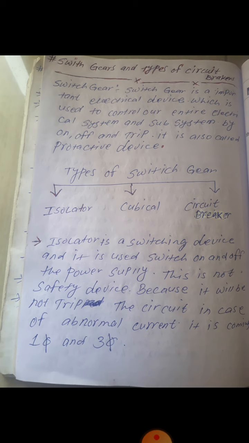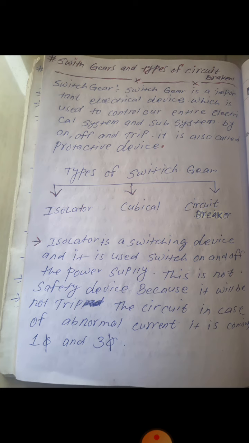Accelerator is a switching device used to switch the power supply on and off. This is not a safety device because it will not trip in the case of abnormal current.